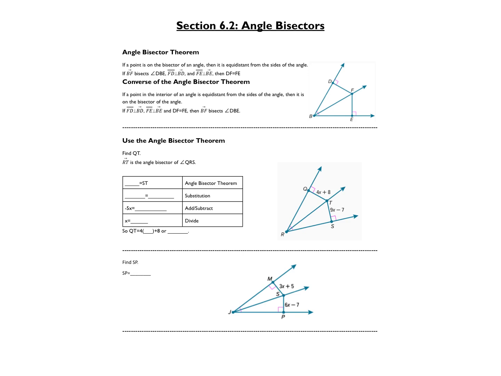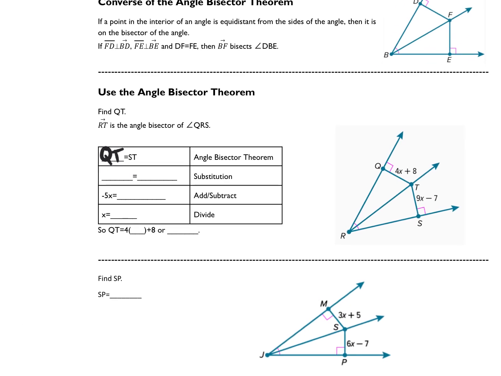So, the way we use the angle bisector theorem, we're asked to find QT. We're told that ray RT is the angle bisector of angle QRS. So that means that QT is equal to ST. QT equals ST, and therefore 4x plus 8 is equal to 9x minus 7.